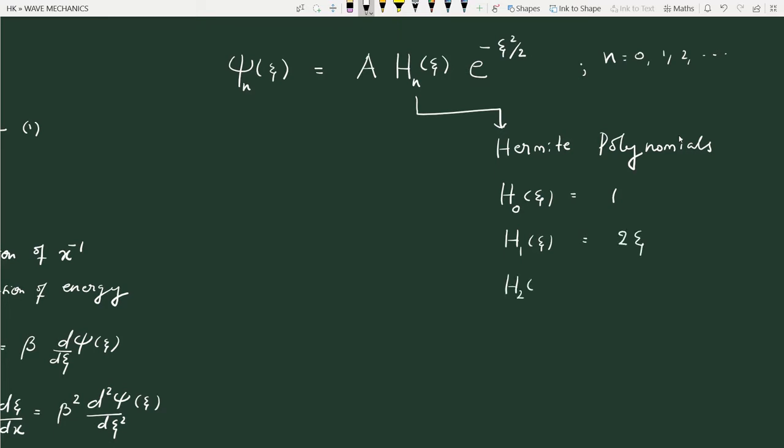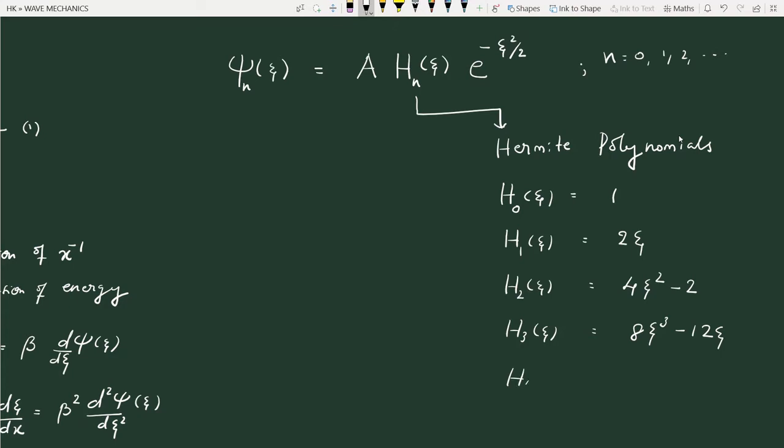H2 theta is 4 theta square minus 2. H3 theta is 8 theta cube minus 12 theta.